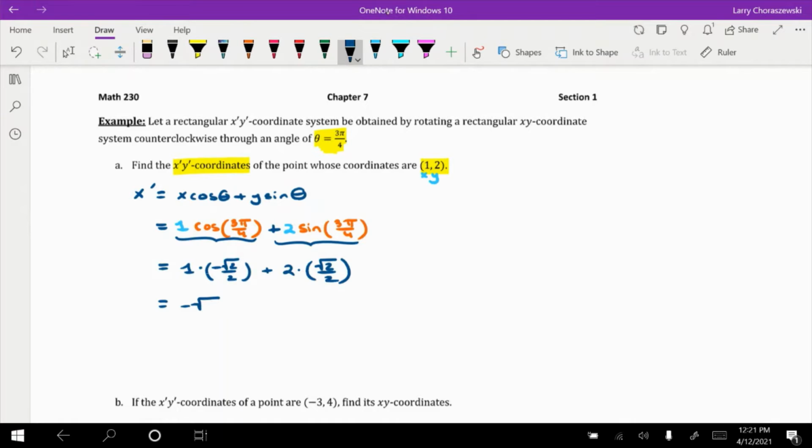Now I'm going to write this as negative radical 2 over 2 plus 2 radical 2 over 2 just for common denominators. And adding the coefficients together, we're going to get 1 radical 2 over 2. So that right there is the x prime coordinate.